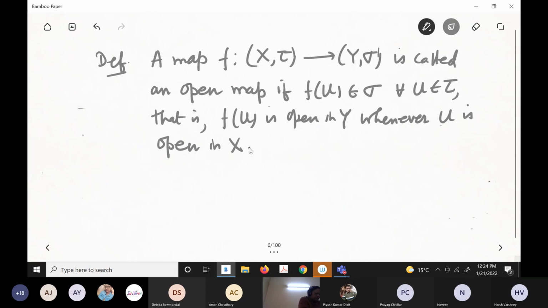But first let me define the homeomorphism. So that definition. Okay.